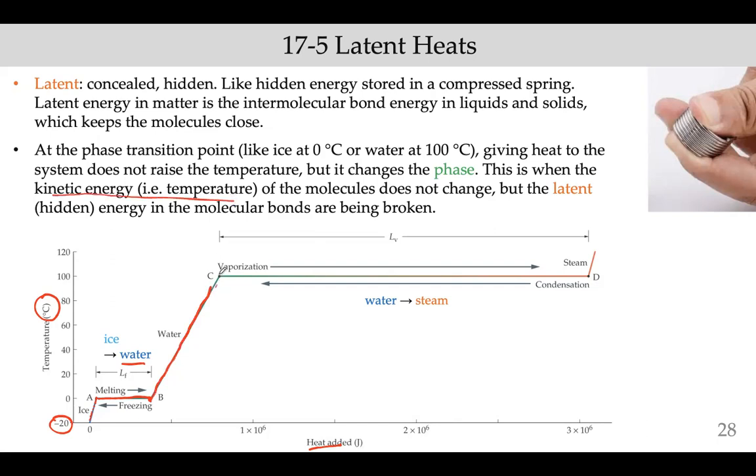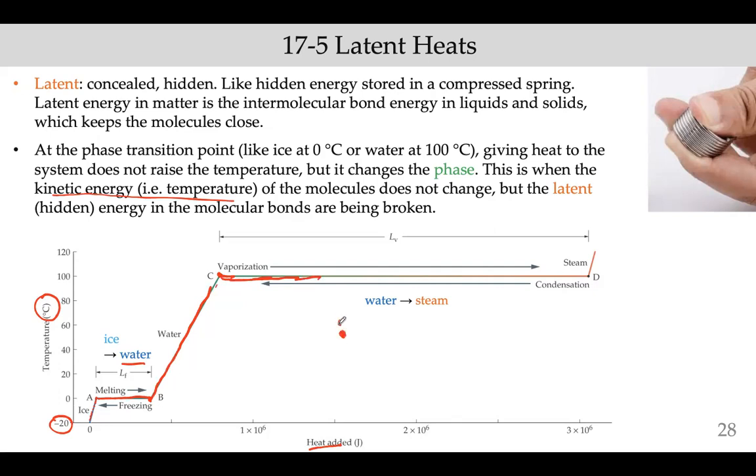Now, when you have water at 100 degrees, after this point, you keep giving it energy. Now, this is going to be a phase transition from liquid to gas. So now at this point, you start to break the bonds, the weak hydrogen bonds between the water molecules.